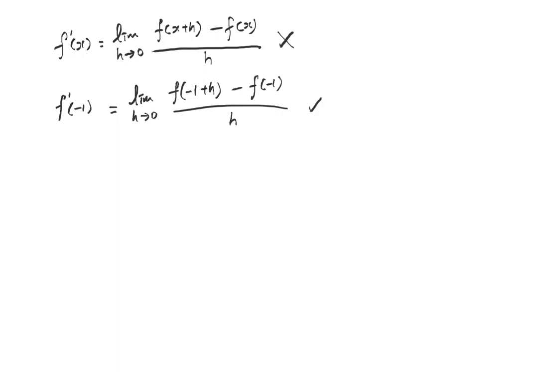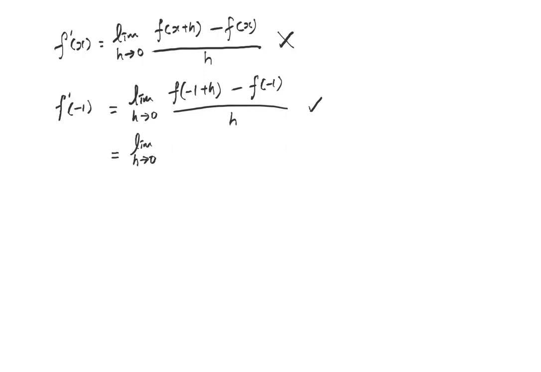This is a good one because I'm asking for the slope at x equal to negative 1. Then you start to do, but you have to write limit all the way through and watch your position of the equal sign.